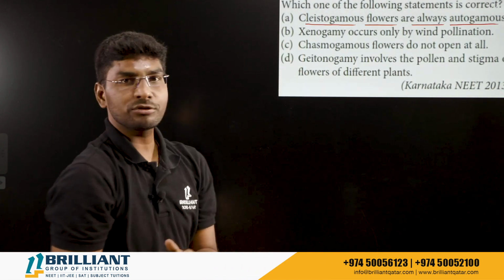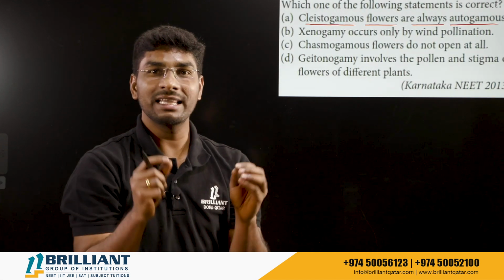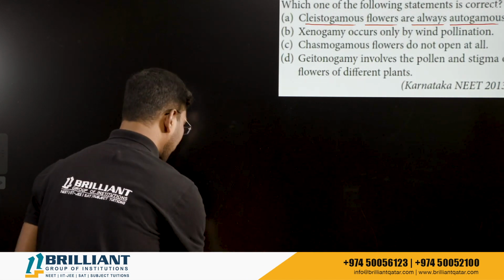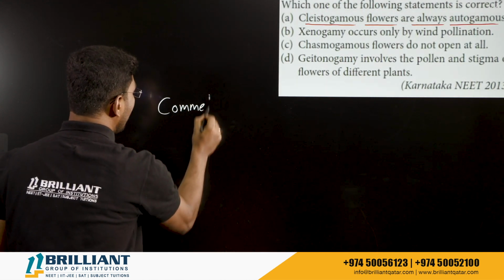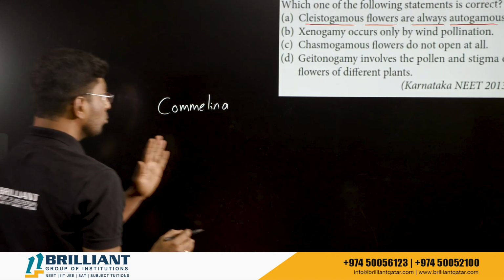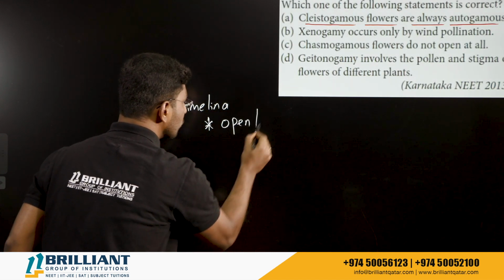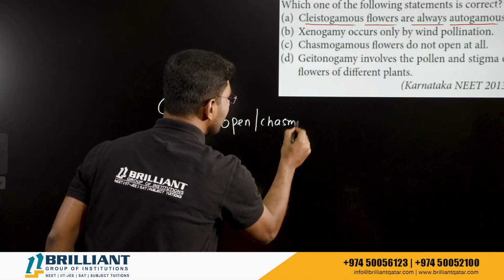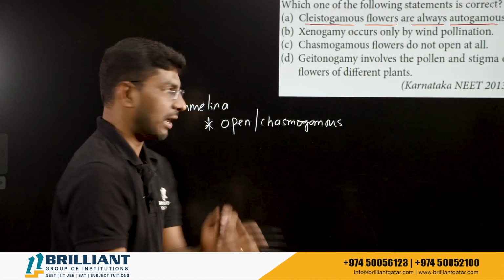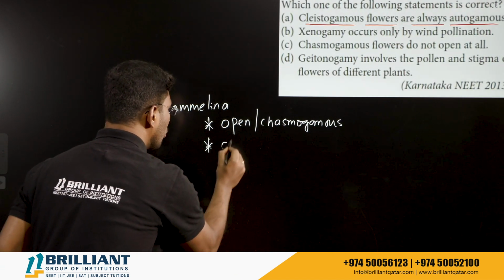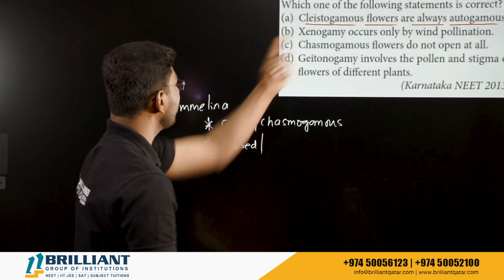What is the meaning of cleistogamous flowers? We have already seen in the chapter that there is a plant called Commelina. This plant has two types of flowers. The first type are open flowers, also known as chasmogamous flowers. The second type are closed flowers, also known as cleistogamous.